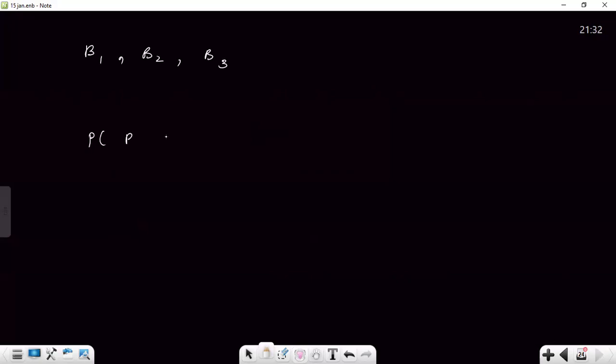If you have to find the probability that B1 event has occurred for the occurrence of A, then we will find probability of B1 into probability of A given that B1 has happened.